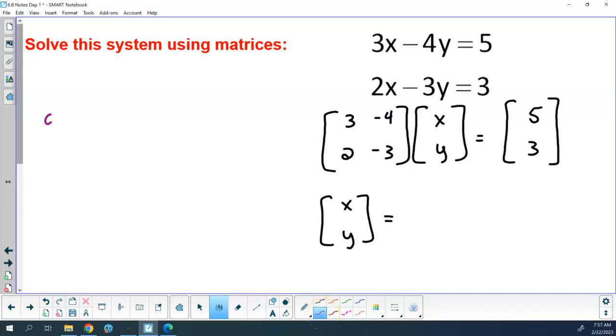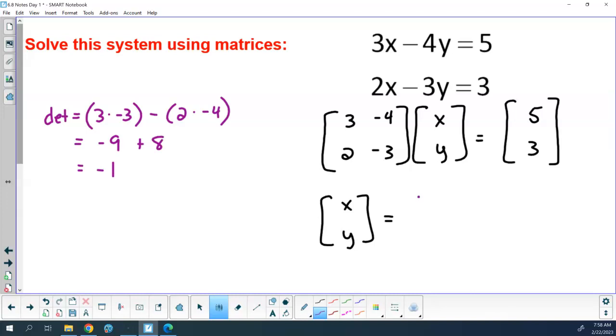Well, so the determinant is going to be 3 times negative 3 minus 2 times negative 4. That's going to be negative 9 plus 8, which is negative 1.